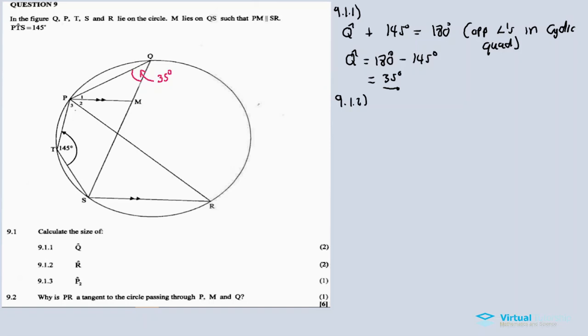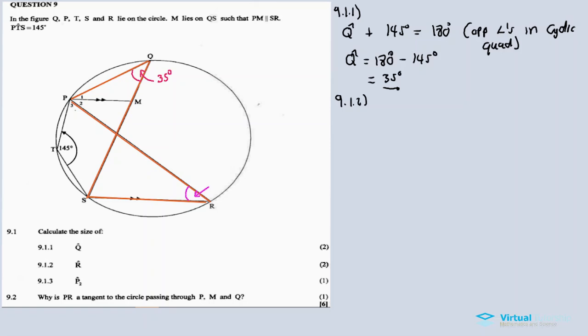Now since we are calculating angle R, but we can also use this angle if we want, since it's a given angle, let's start with the 35 degrees. What is the relationship between the unknown angle R and angle Q? You think, okay, angle Q and angle R, it looks like they are inside a bow tie.